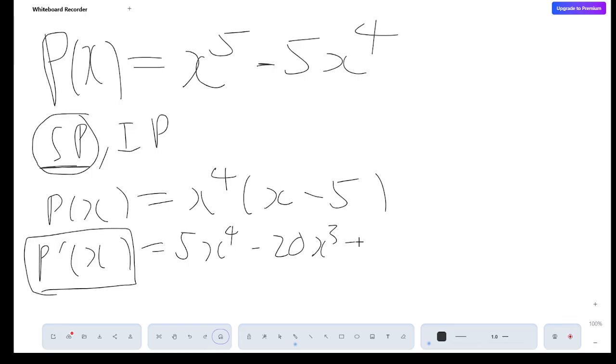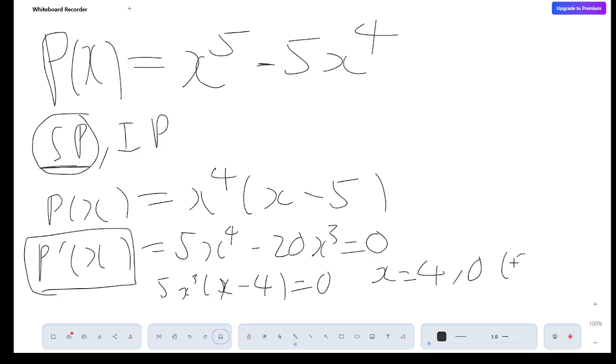So when we equate this to 0, we solve it again, which is 5x^3, oh wait, my bad, include the 5 at the front, 5x^3(x minus 4) equals 0. Therefore, it has turning points at x equals 4 and 0. This is called stationary points, when the gradient equals 0.